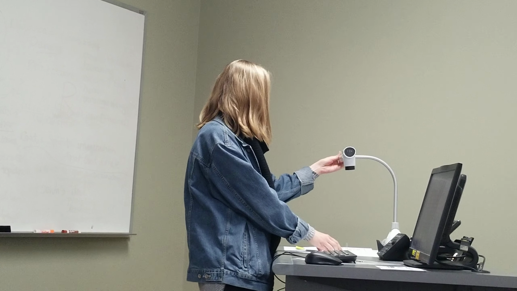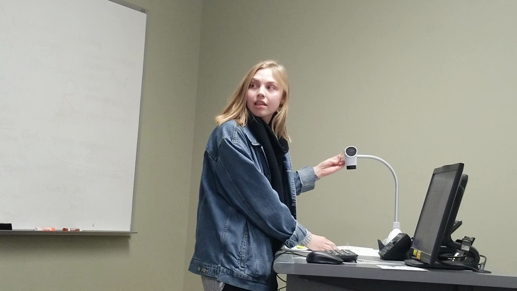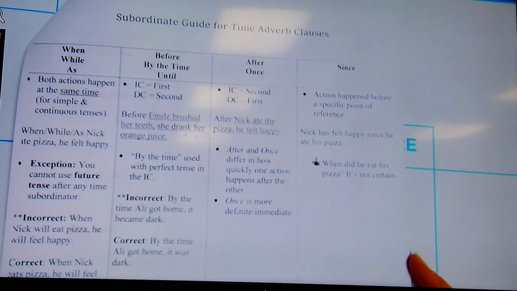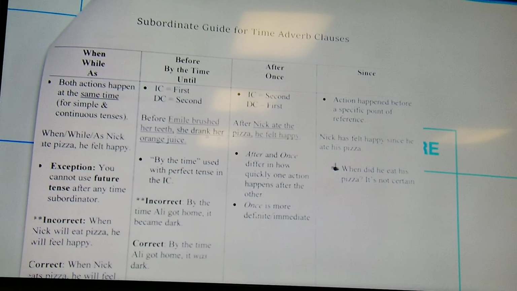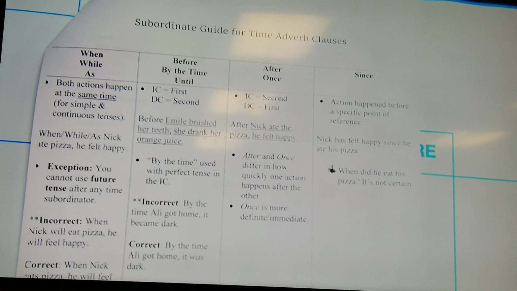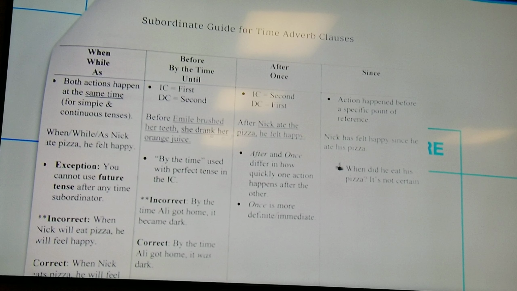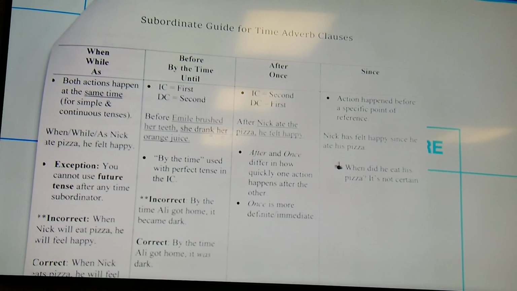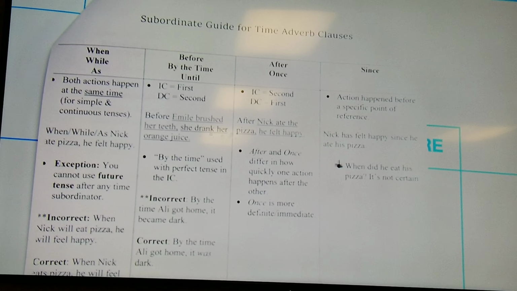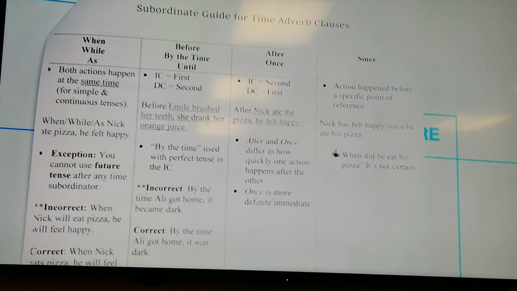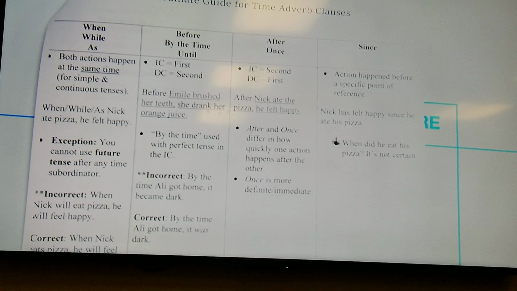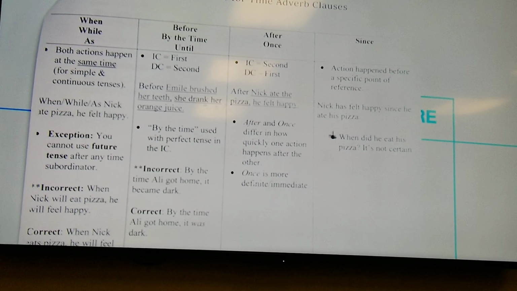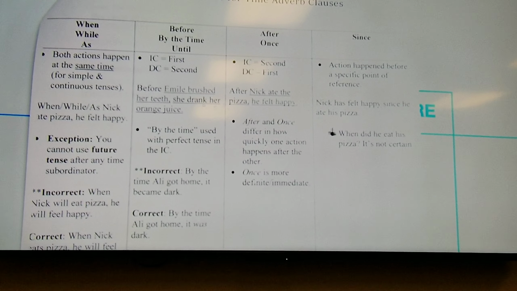It's a chart that I made, and it separates some of the different subordinate words by their time relationship, and so I think that helps structure the idea. So when, while, and as happen at the same time. Before, by the time, until, the independent clause will come first and the dependent clause will come second. After and once, it's the opposite. And then since is on its own because it happens before a specific point of reference.